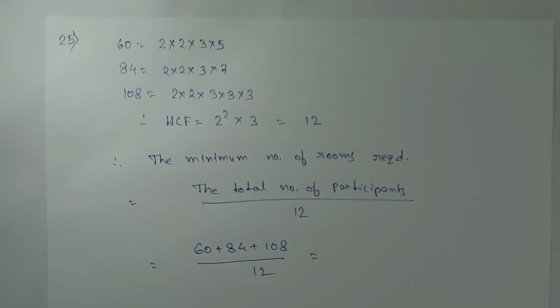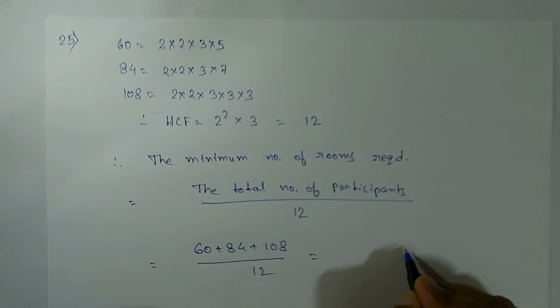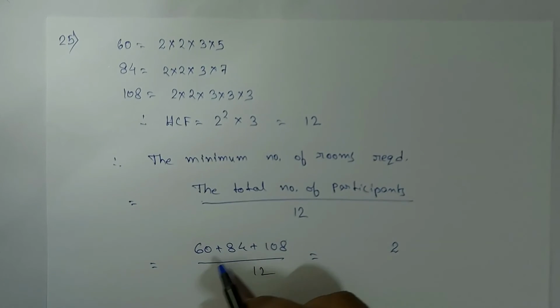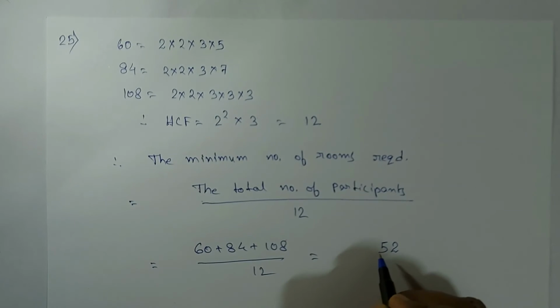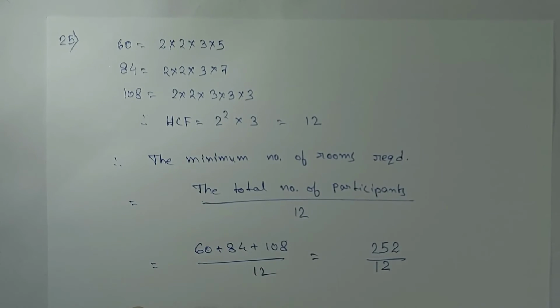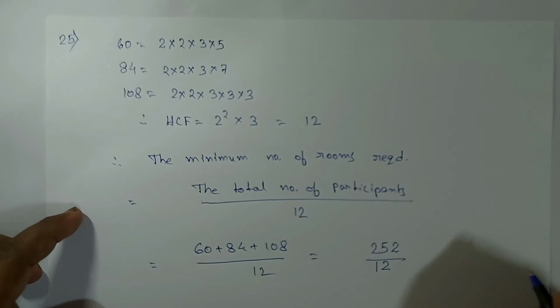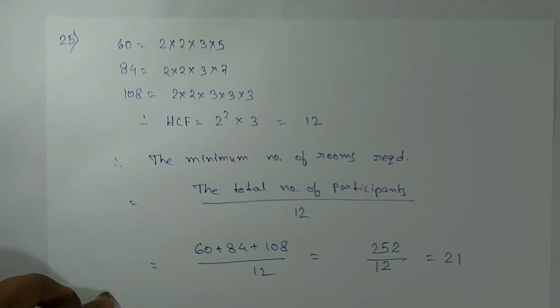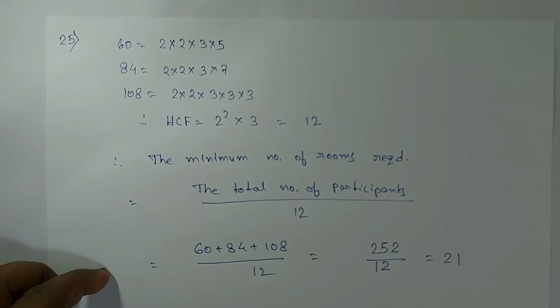Now this is equal to 252 by 12. If you divide this, we get 21. Okay, so this is the answer. The minimum number of rooms required is 21.